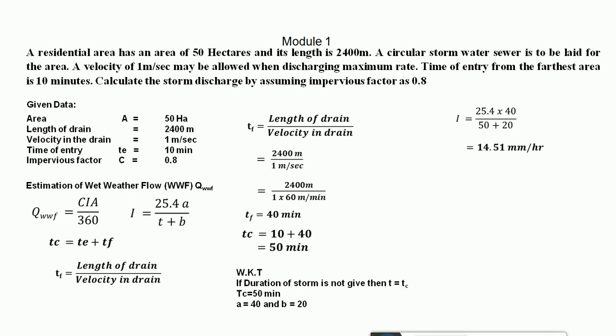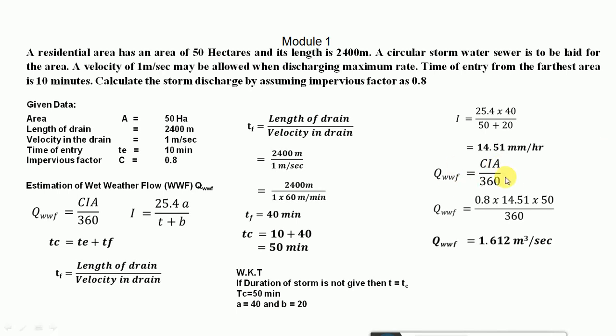15.41 millimeter per hour. So to obtain the storm water flow, the equation is Q is equal to CIA divided by 360. Okay, so wet weather flow is given by CIA divided by 360. The coefficient of runoff is given in the problem. It is also called the impervious factor. It is 0.8.